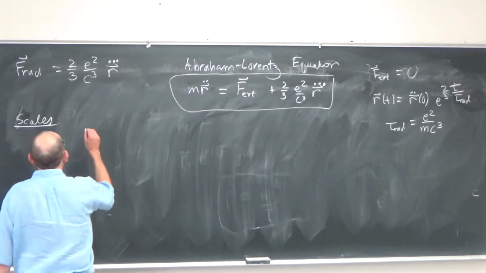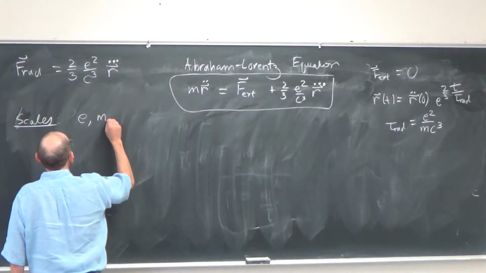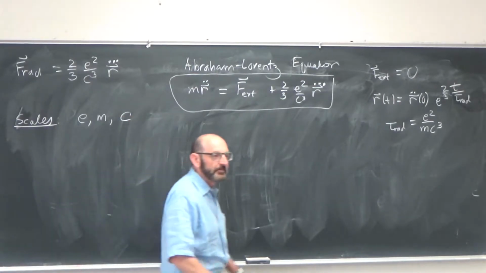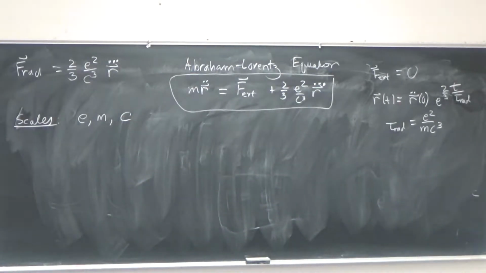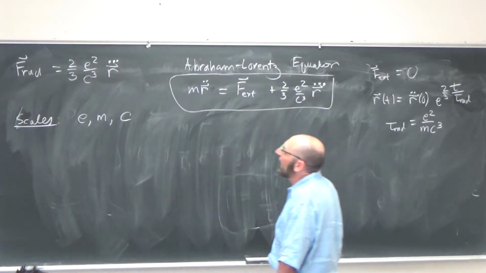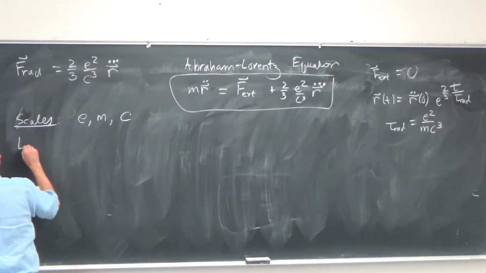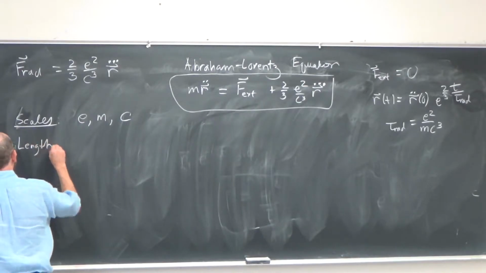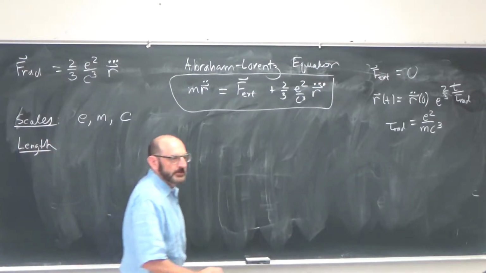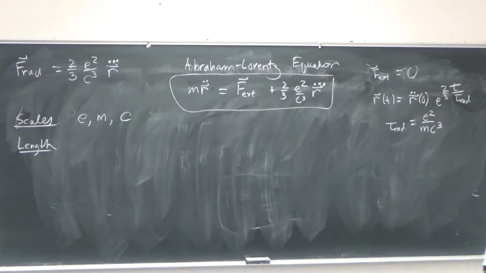So in this case, we have the charge of the electron, the mass of the electron, and the speed of light. So what can we do with that? Well, I can ask what's the characteristic length scale that I can make out of these constants. Now, you might throw in epsilon naught if you care to, but I don't care to.